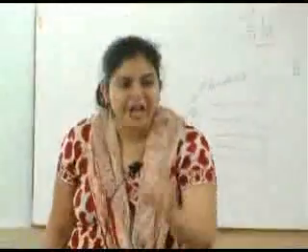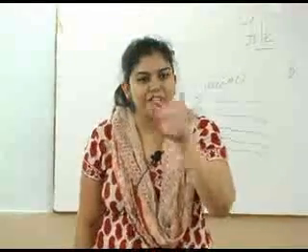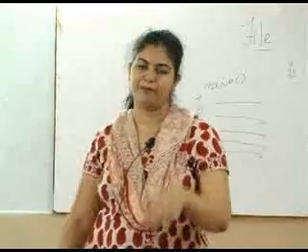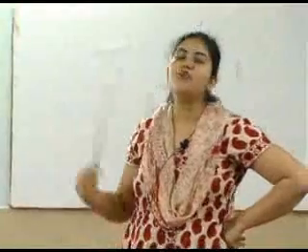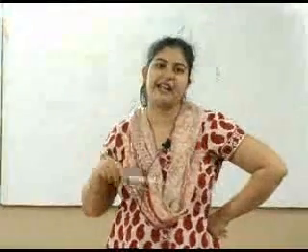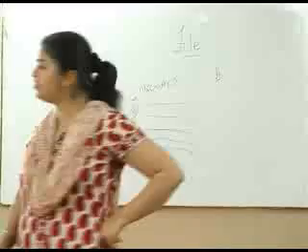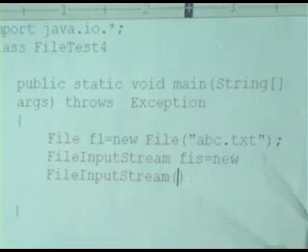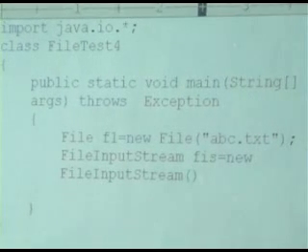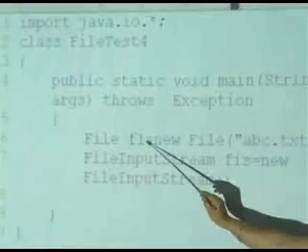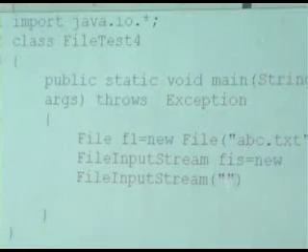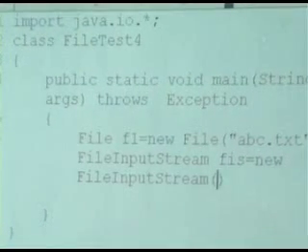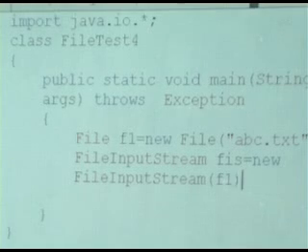Now whenever you are creating input streams, you have to tell that class for which particular object you are creating the input stream. I am creating a reader, but what do I have to read? I need to tell that at the time of construction. So whenever you are creating your FileInputStream, you are supposed to inform it that, see boss, I want to read abc.txt. abc.txt is nothing but your f1, so I am going to give here f1.